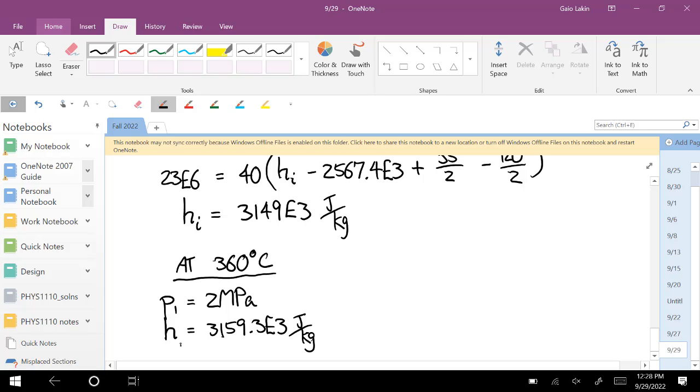I'll call that P1 and h1. And then at a pressure P2 of 3 megapascals, we have an h2 of 3138.7 times 10 to the third joules per kilogram.